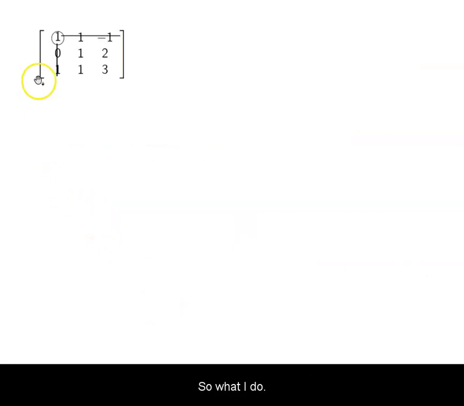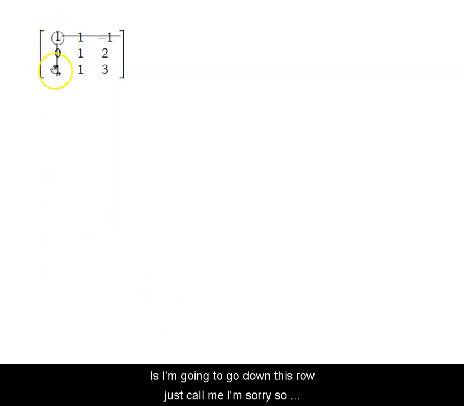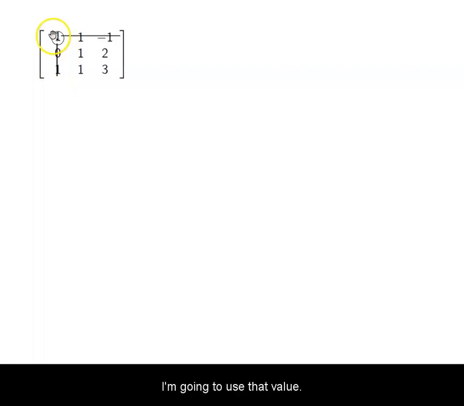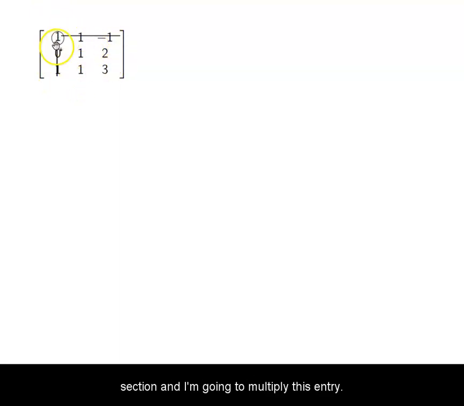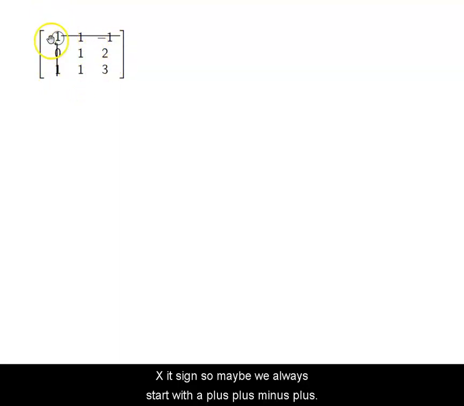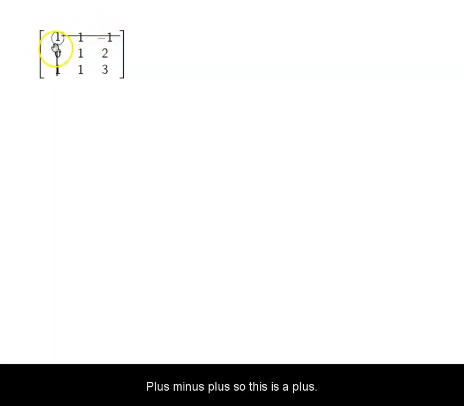So what I do is I'm going to go down this column. So when I look at 1, I'm going to use that value, and I'm also going to delete its row and its column, just like we did in the cross product section. And I'm going to multiply this entry times its sign. So remember, we always start with a plus, plus, minus, plus, plus, minus, plus.